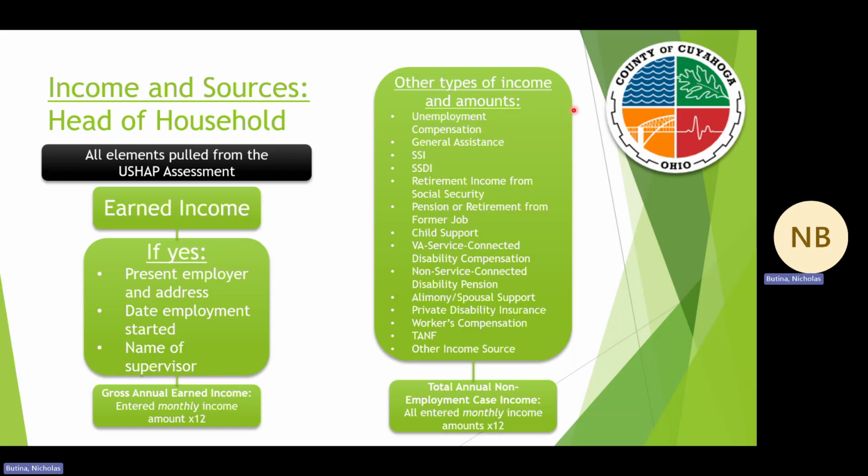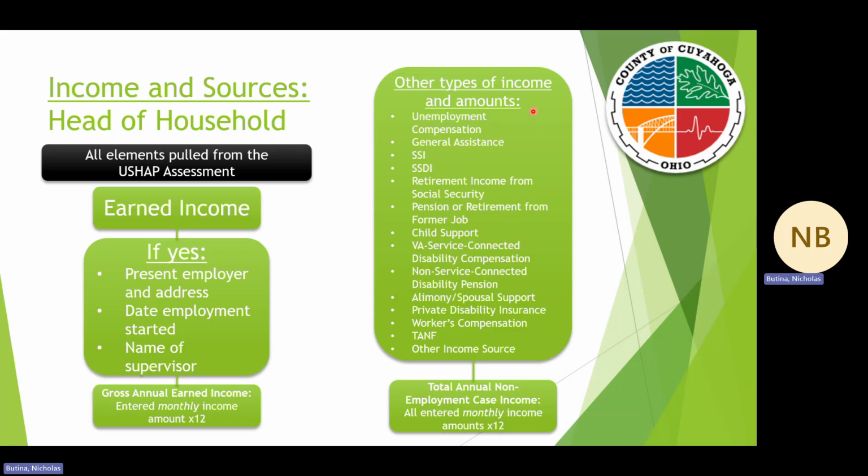There are other types of income that someone may receive: unemployment compensation, general assistance, SSI, SSDI, retirement income from Social Security, pension or retirement from the former job, child support, VA service-connected disability compensation, non-service connected disability pension, alimony, spousal support, private disability insurance, workers' compensation, TANF, and other income source.